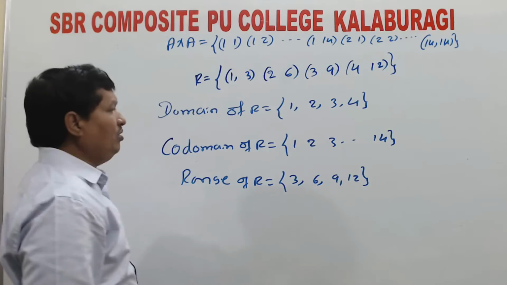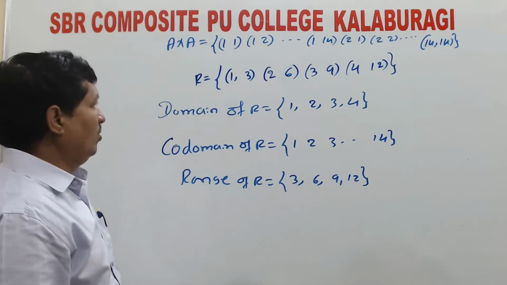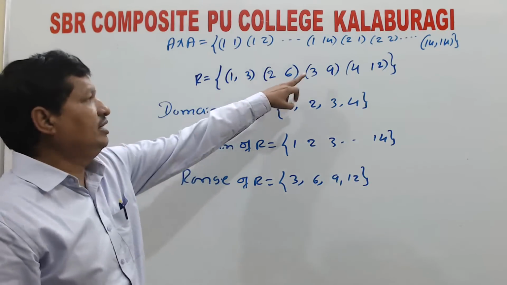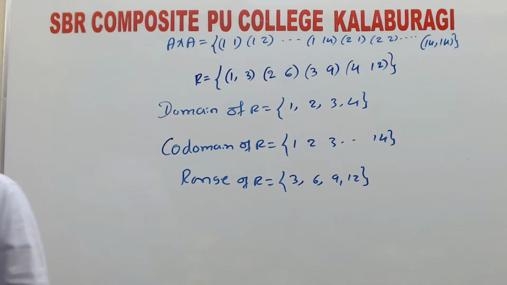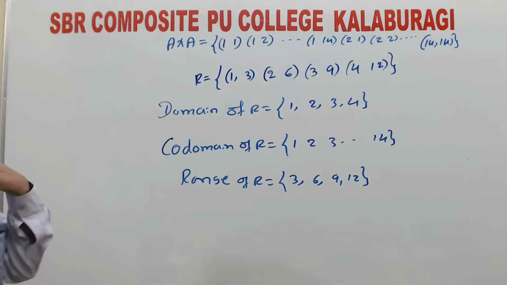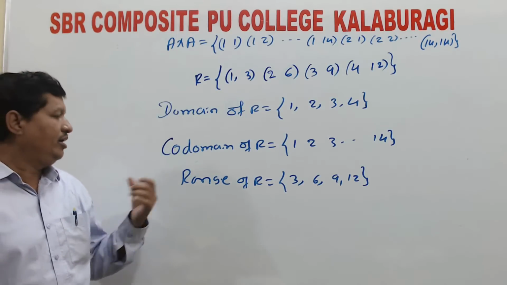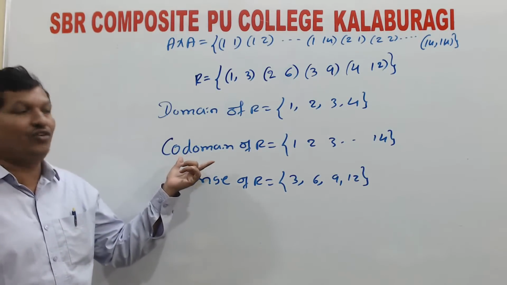In this, you have to calculate the range. Range is the set of all the second elements. In this way, you have to calculate domain, range, and codomain. Are you followed?